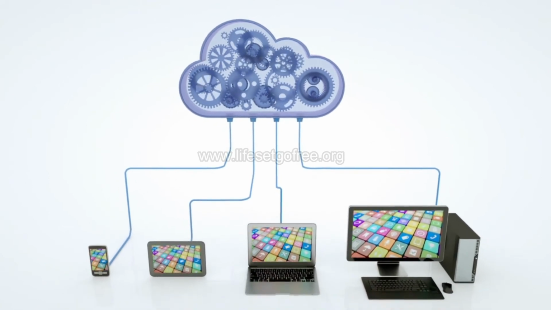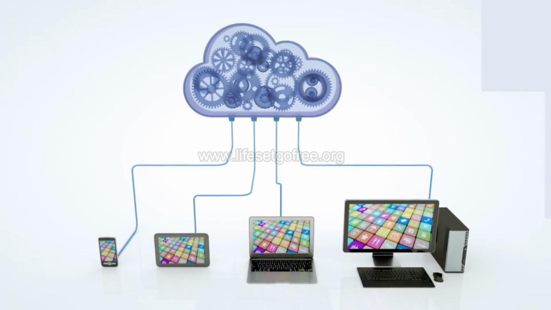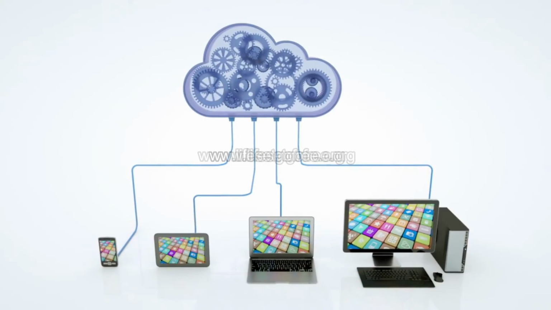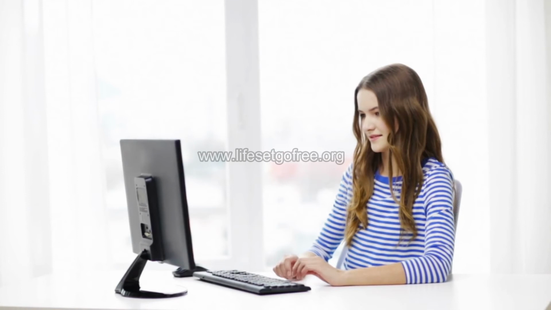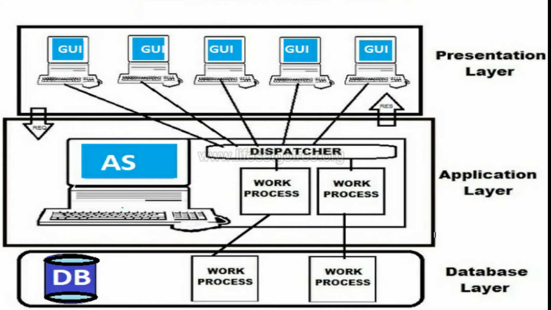Again here, the database might be installed on 2-3 systems, all of which are database servers. The person who is requesting the information from Gmail, like us, is the client. The system used to request the information is known as the client system, where the data is fetched from is known as the database, and the process in between is known as the application part. So it is just similar to that.